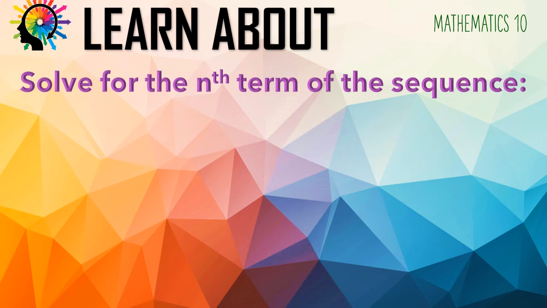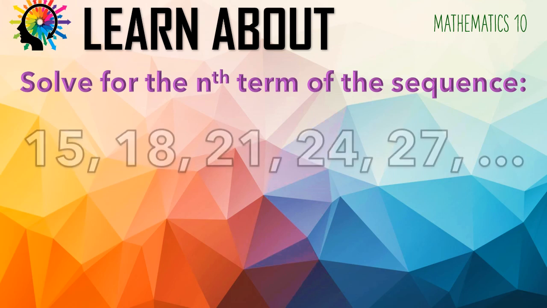Since we have our formula already for arithmetic sequences, we can now use that to find the nth term of the given sequence, provided that it is an arithmetic sequence. So for that, let's have an example.